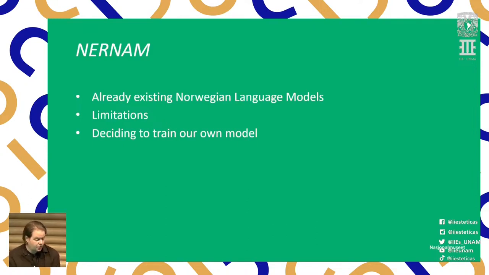So we decided to try to make our own language model. To put it more precisely, we wanted to make a specialized and fine-tuned version of the model developed by the National Library in Norway, training it on art historical text content and extending the model with entity labels relevant for art historical cataloging.